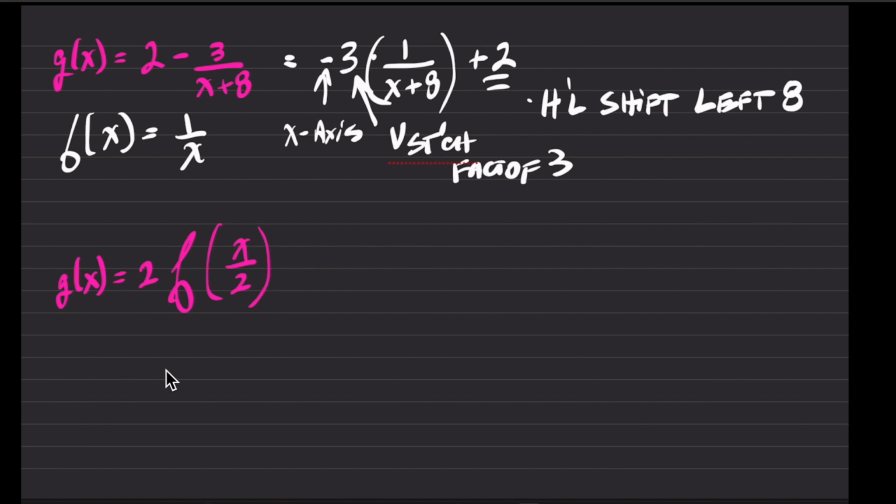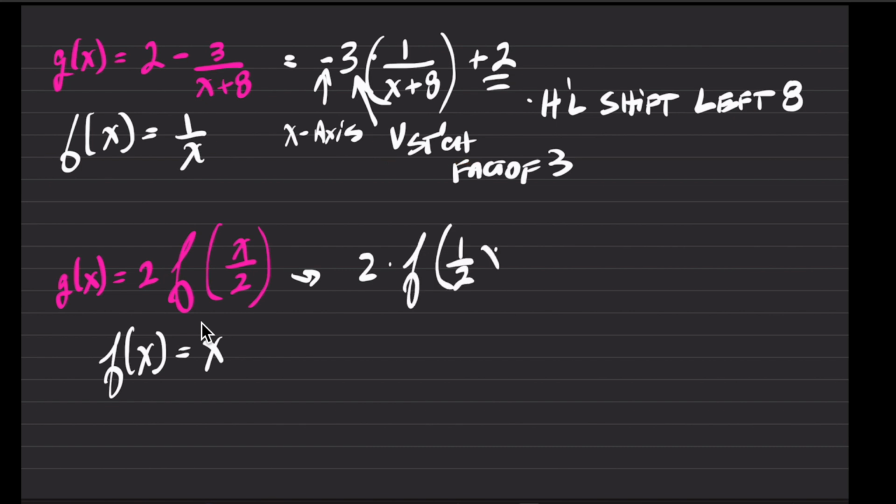Moving down here now, we've shifted to a theoretic function where we had an original f of x equals x, and now we have 2 times f of 1/2 x, is how I would rewrite that. So let's describe this transformation. We're going to go inside, then out. Inside, we see multiplication going on.